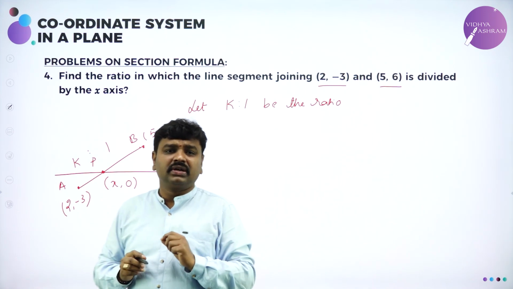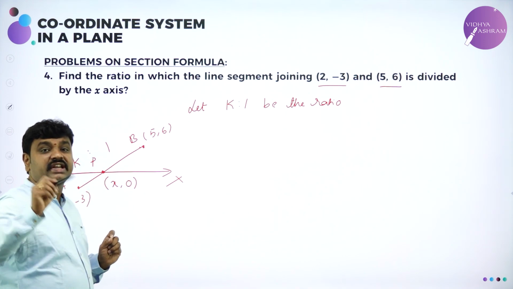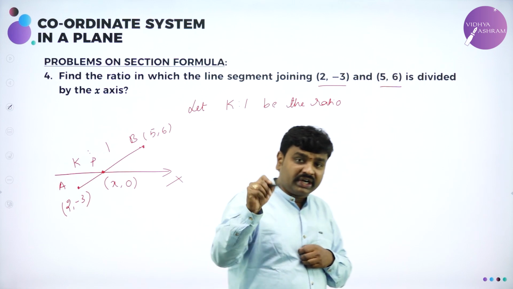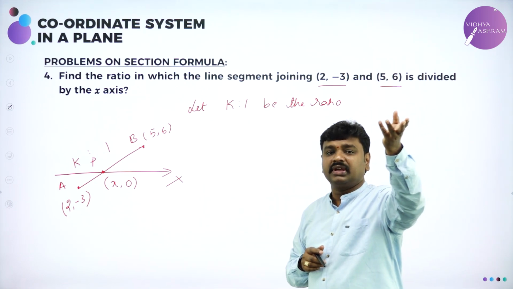Now it is very simple. The point of division lies between A and B, so we take internal division. If you get the ratio as negative, then we conclude the point lies outside and it will be external.